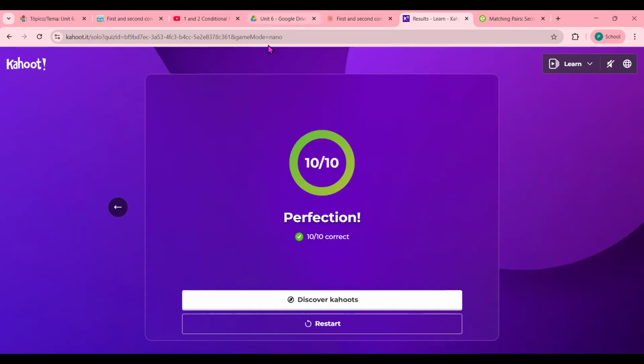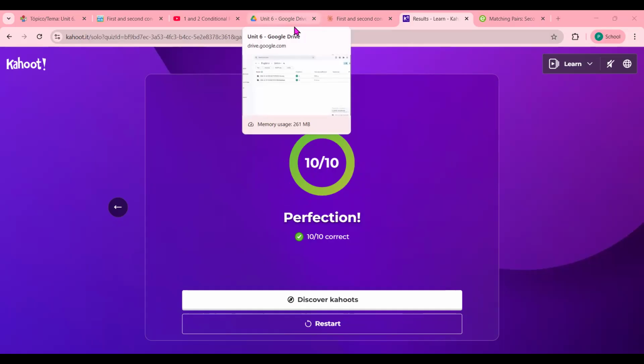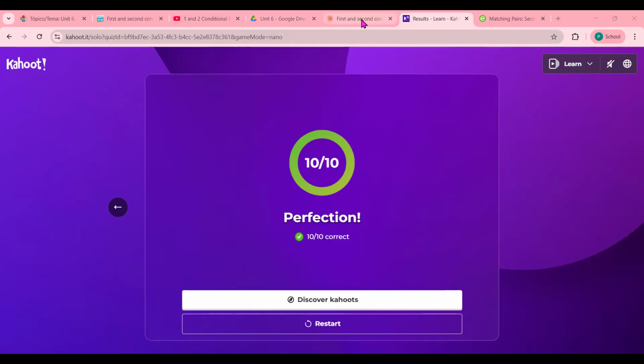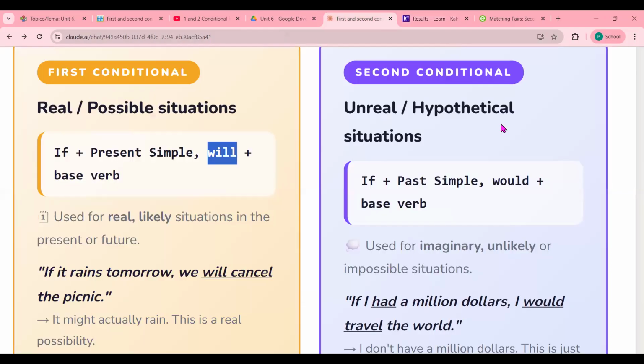Now, the second conditional. Structure, my dear students. Let's read the structure. My dear Janelle, could you read the second conditional information? Yes, teacher. Second conditional, unreal hypothetical situations.